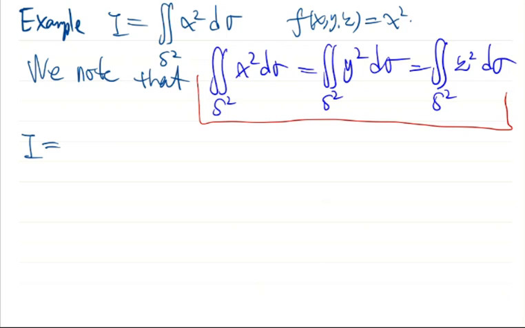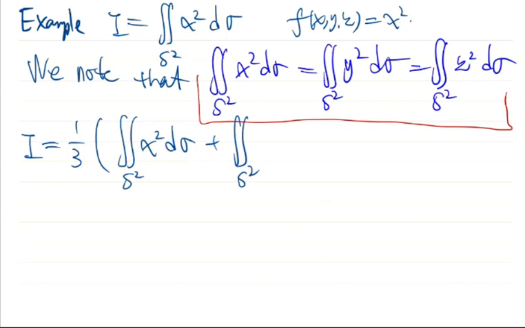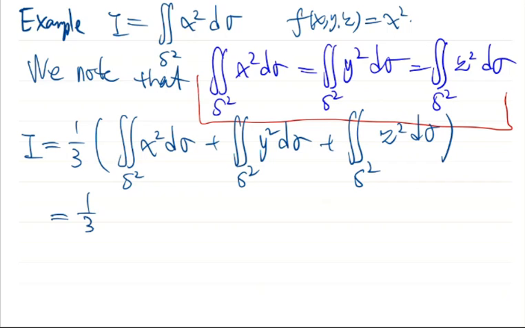Okay, so we obtain the following computation. Since these three integrals are equal, any one of them, in particular our I, the integral of x squared, would be a third of the integral of x squared plus y squared plus z squared d sigma, by the property I just mentioned.